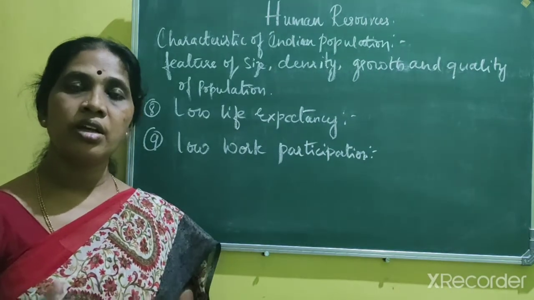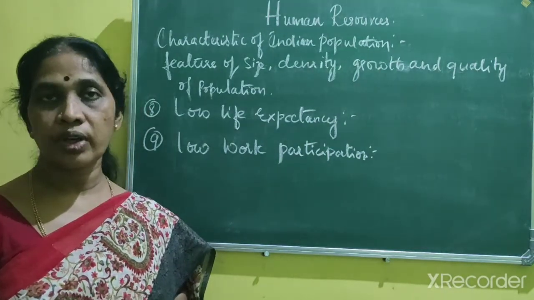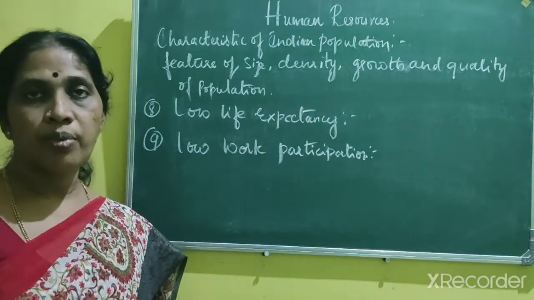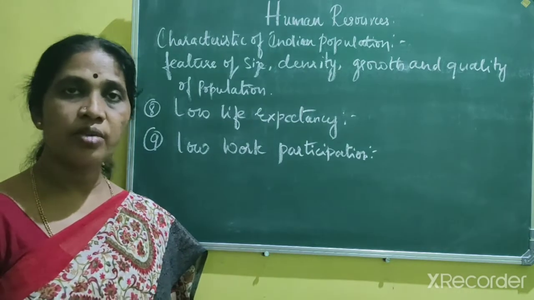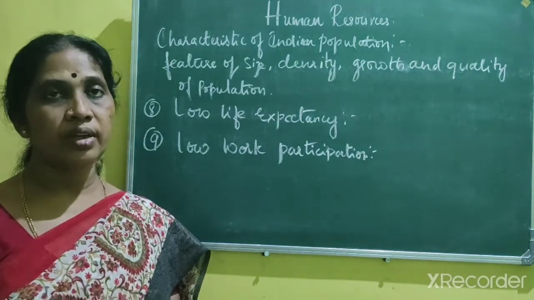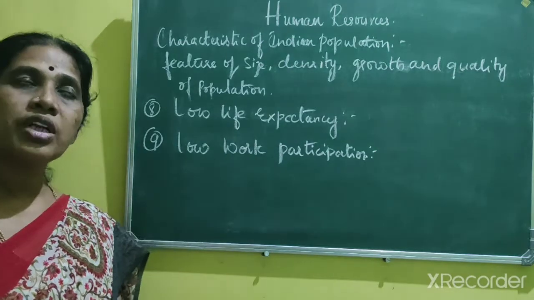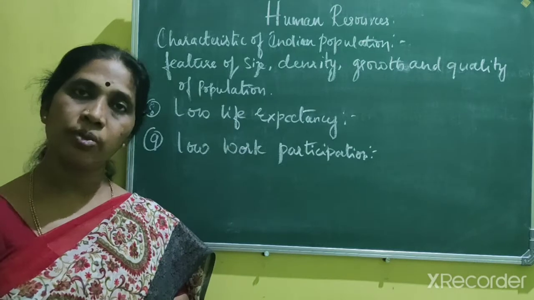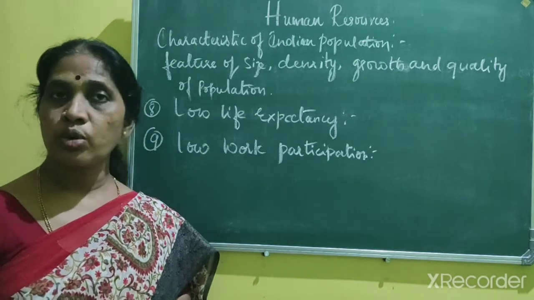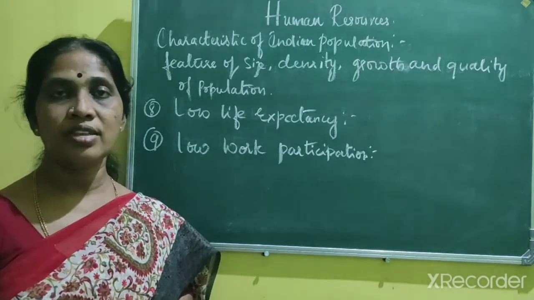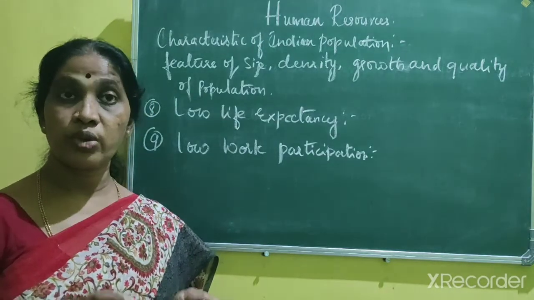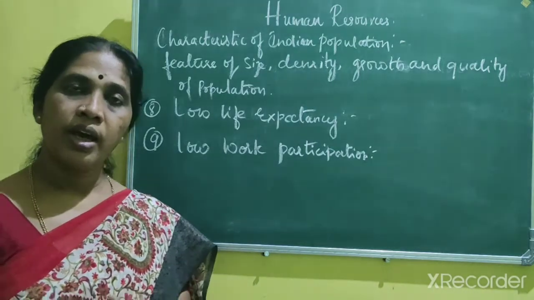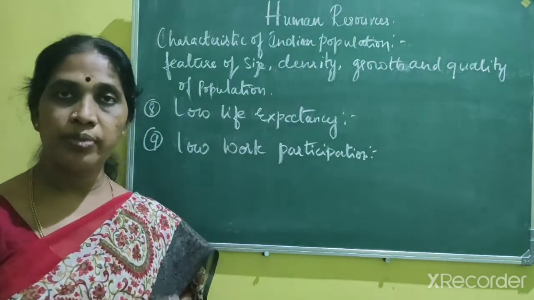The ratio of working population among the total population is referred to as the work participation rate. The ratio, as I told, is very low in India as compared to the developed countries of the world. The total working population in our country is 39.8%. That means only 39.8% of the population are engaged in working, and the rest are non-working population.